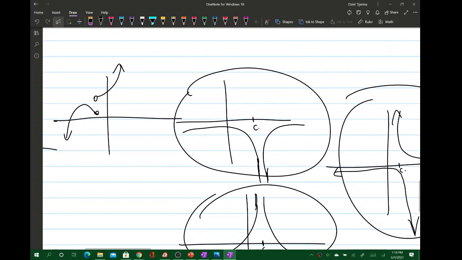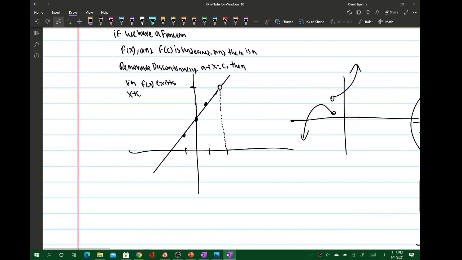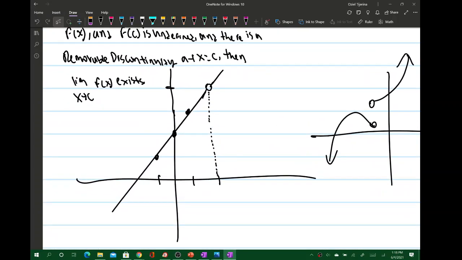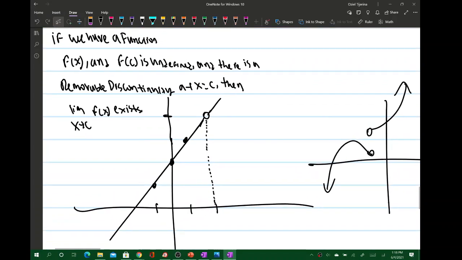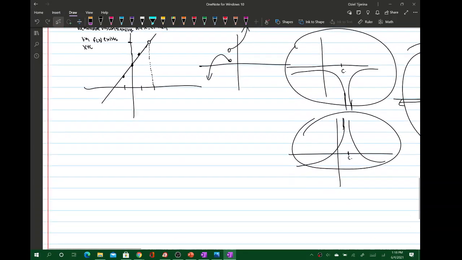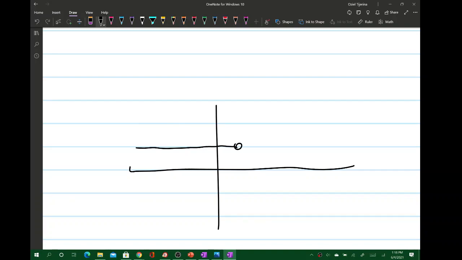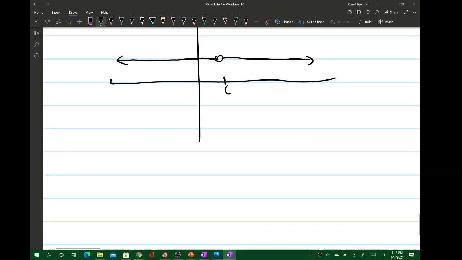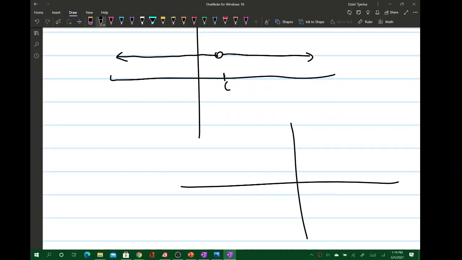So anytime we have removable discontinuity, not infinite discontinuity. Removable discontinuity means the following. So we either have something like this, or we can have something like this.